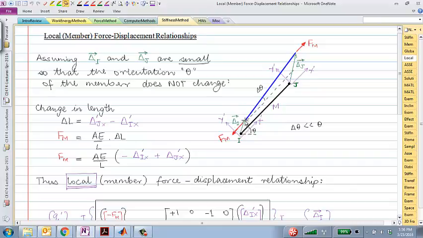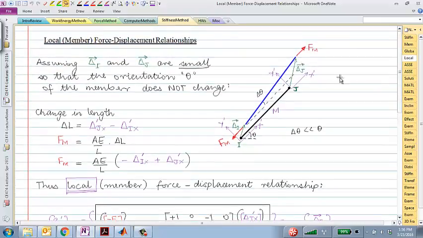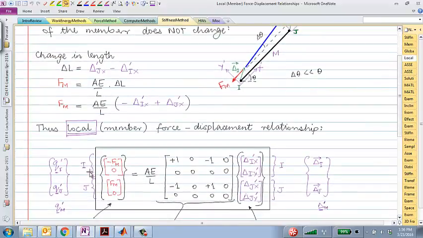In the x prime direction, I have minus Fm. That's why we have a minus Fm and 0 for forces at node I. Forces at node J, it's plus Fm and 0. And clearly, you can see that plus Fm is in the direction of x prime. There's nothing in the y prime direction. So these are the 4 forces for the two nodes I and J that we are trying to find.